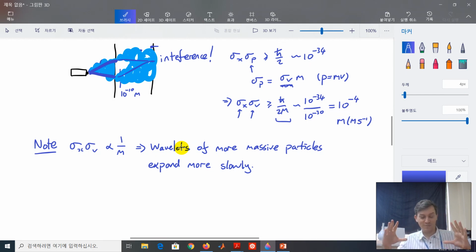Basically, the wavelet can be very well defined in terms of the position of the center of mass and in the velocity of the object. So you never have to consider these effects arising from the expanding of the wavelet or the interference patterns such as seen here.